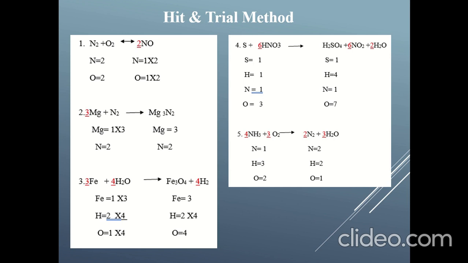Now next, sulfur reacts with nitric acid. You have seen in the list of compounds where we have studied the name of the acid. So sulfur reacts with nitric acid to form sulfuric acid, nitrogen dioxide and water. Here sulfur is 1 on the reactant side, on the product also 1, hydrogen 1 on the reactant side, hydrogen 4 on the product side, nitrogen 1 on both sides, oxygen is 3 on the reactant side, while oxygen is 7 on the product side. So in total we need 6 hydrogen.